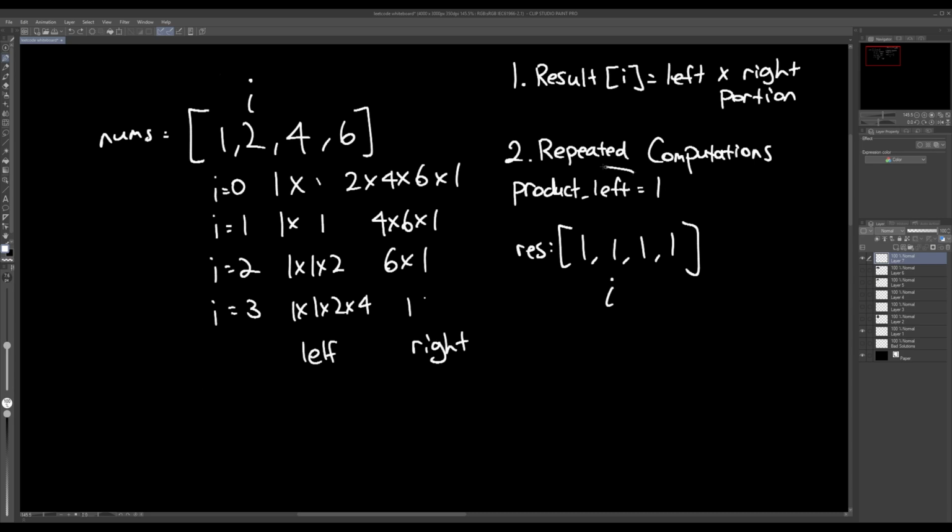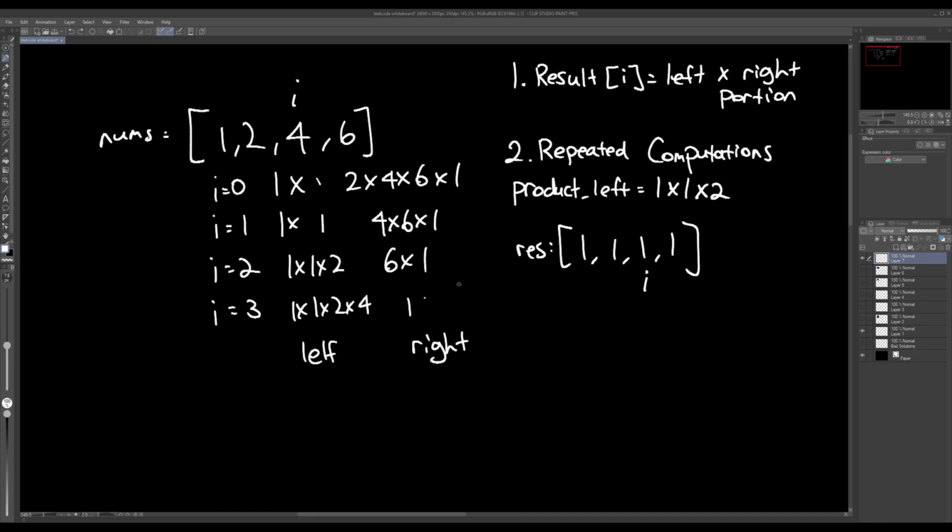Initially our product left was 1, and then once we incremented to here, we multiplied that by 1, so that's 1. And now we multiply it by 2, because once we move to the next index, which we're going to do right now, the product of everything to the left of this is 1 times 2. Aha, there you go. So you can see how this variable keeps up.